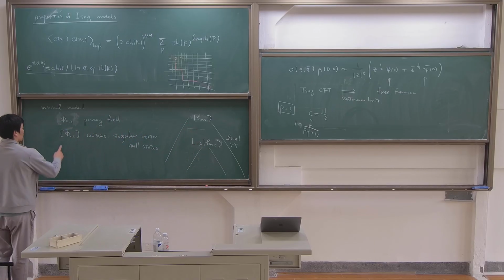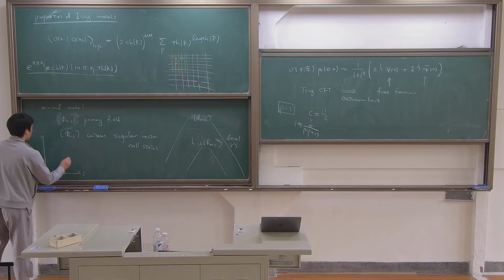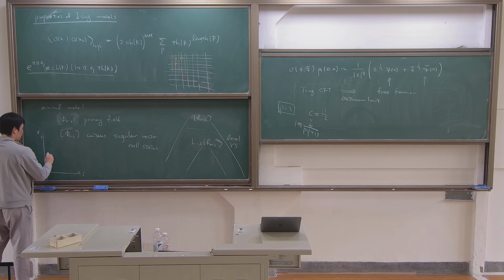And in particular, this phi RS. So this is S, R, I have a lattice.